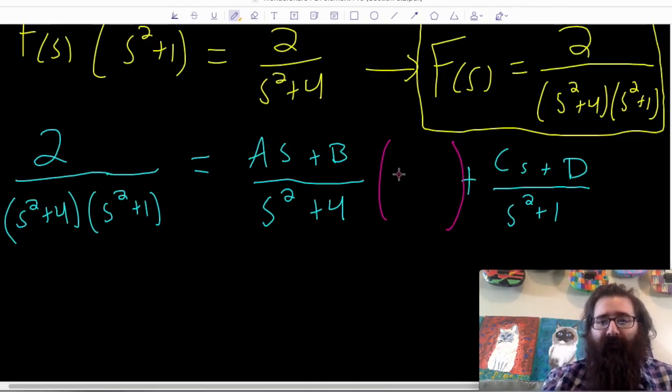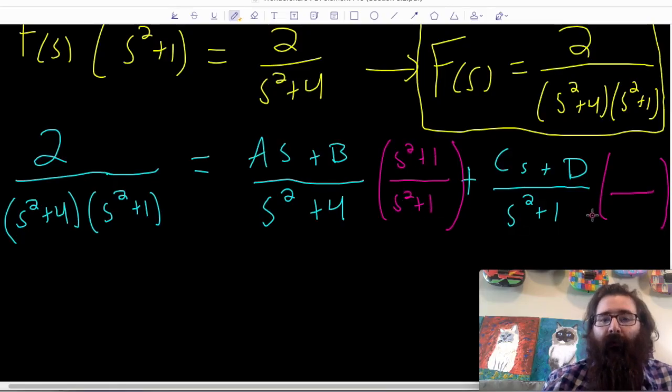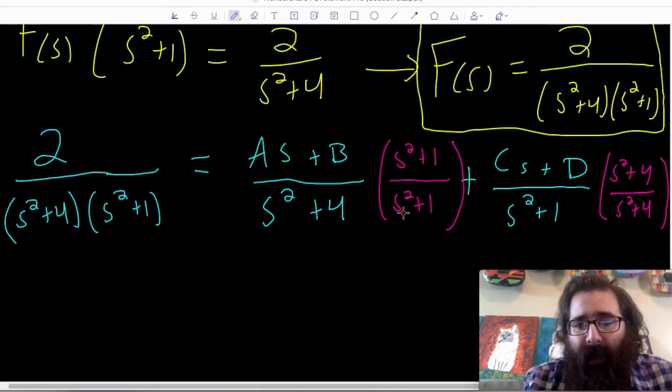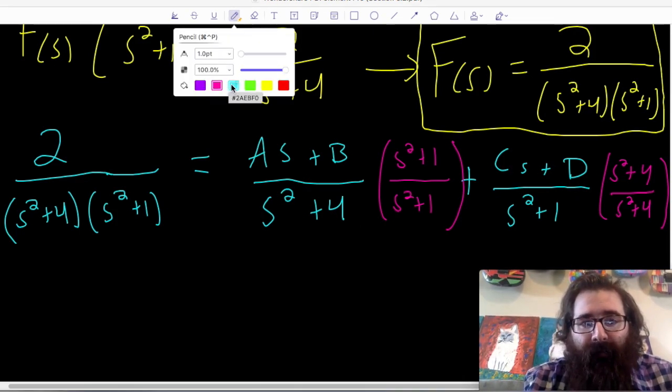From here, it's really the same mentality as any partial fraction decomposition. I'd like to get a system of equations to work with, and I do that by building back that common denominator. So the first fraction, I should multiply by s squared plus 1 over s squared plus 1. For the second fraction, I should multiply by s squared plus 4 over s squared plus 4. We can jump ahead, because I'm going to have that common denominator on the right, same as the denominator on the left.